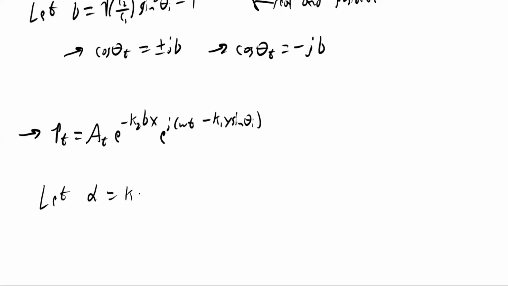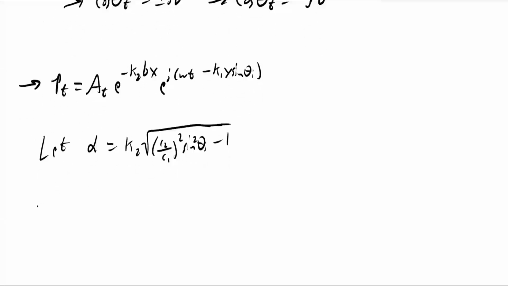So alpha is equal to k2 times, and I'm going to rewrite b just so it's a little bit clearer, c2 over c1 squared sine squared theta I minus 1, such that we can write pT is equal to AT e to the negative alpha x times e to the j omega t minus k1 y sine theta I.